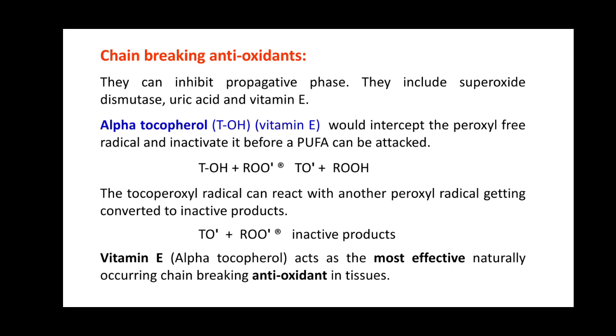Also, the activity of antioxidant enzymes depends on the supply of minerals: manganese, copper and zinc are required for the activity of SOD, that is superoxide dismutase, and selenium is required for the activity of POD, that is glutathione peroxidase.